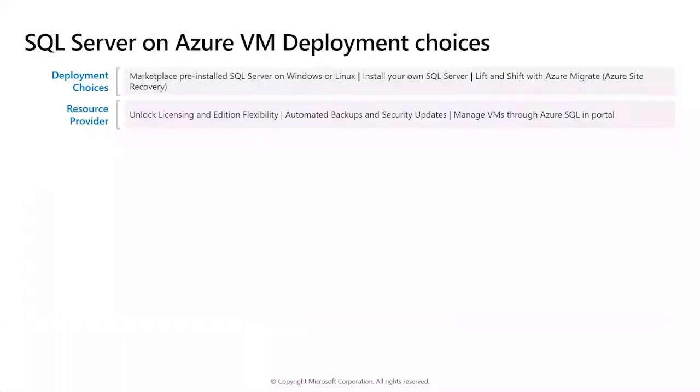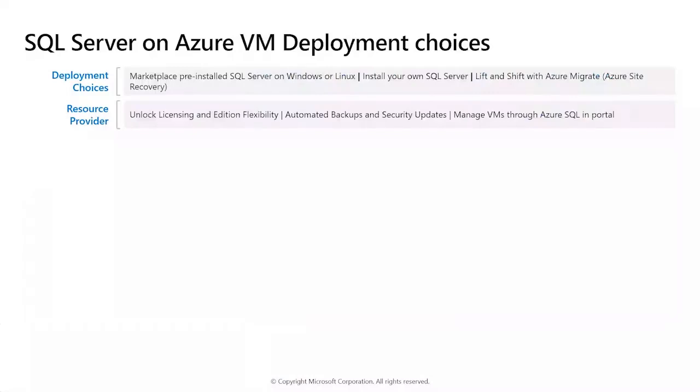SQL Server on Azure Virtual Machine might benefit you because you've got greater access to licensing and additional flexibility in the cloud. Some of the backups can be automated and you can apply security updates to your databases as well.